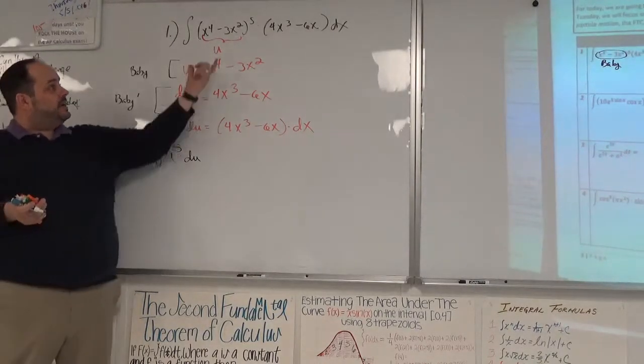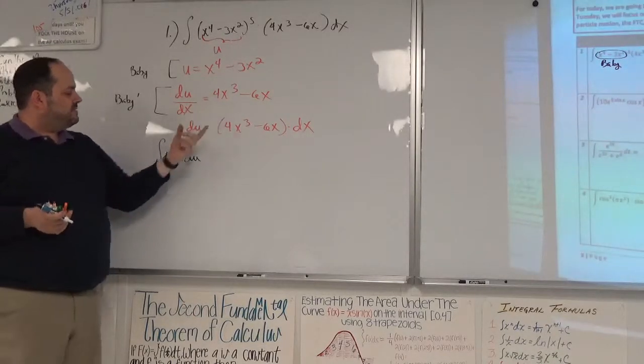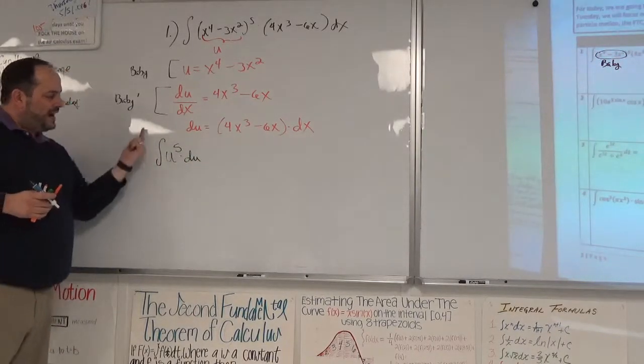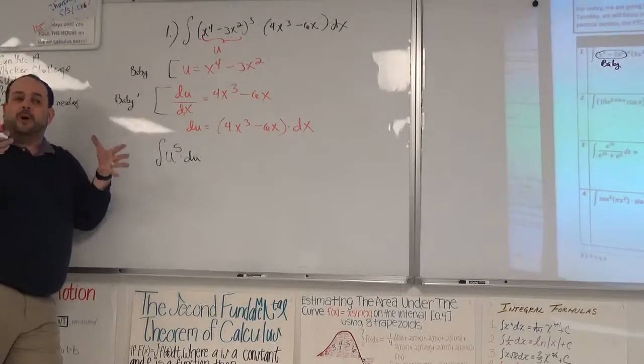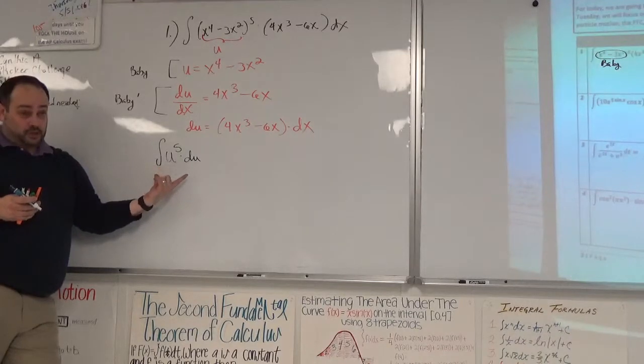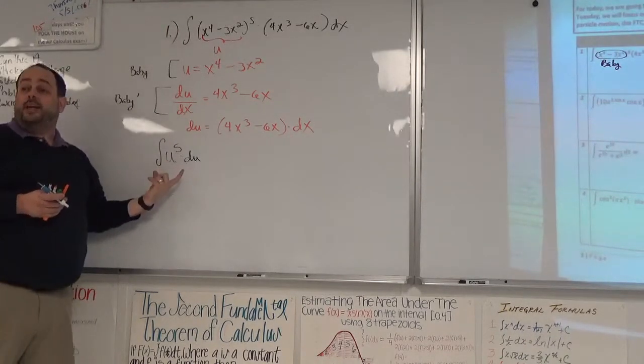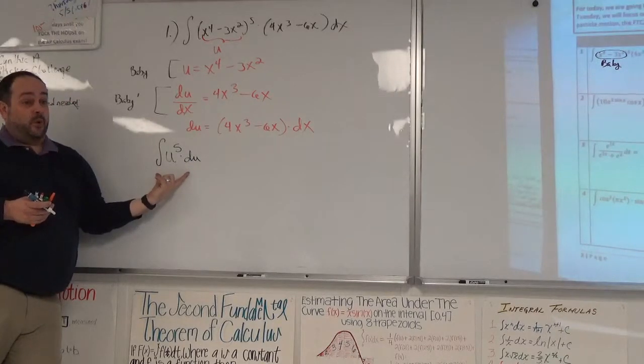By this careful selection of the baby, by finding the derivative of the baby, I'm able to rewrite the integral in a much more compact way. This is not the answer. This is the same integral, just boiled down into a much easier to see form.